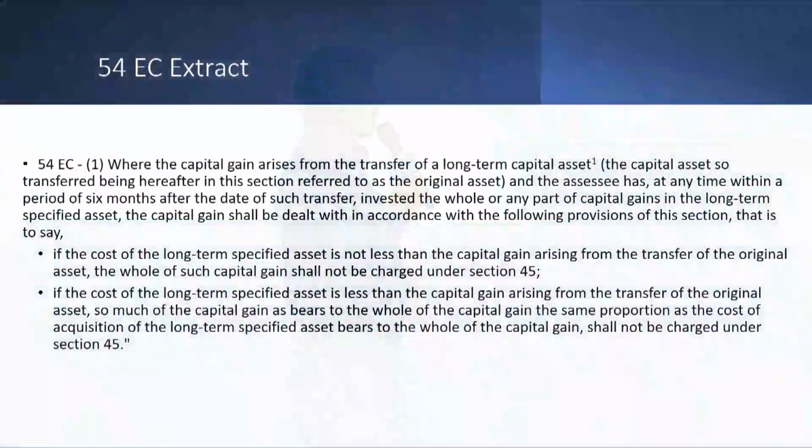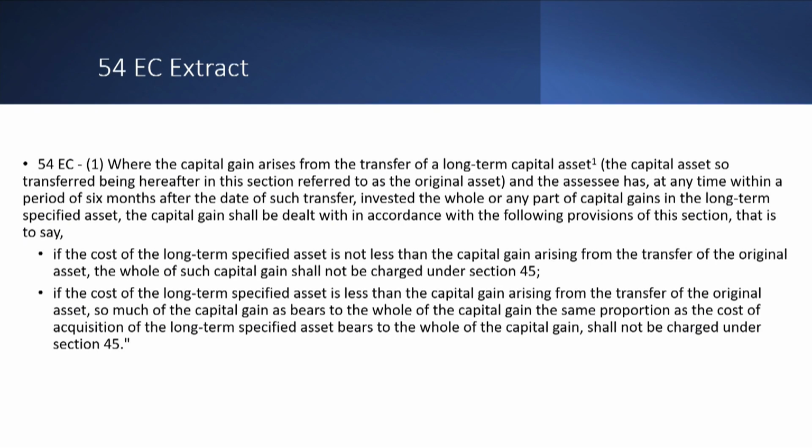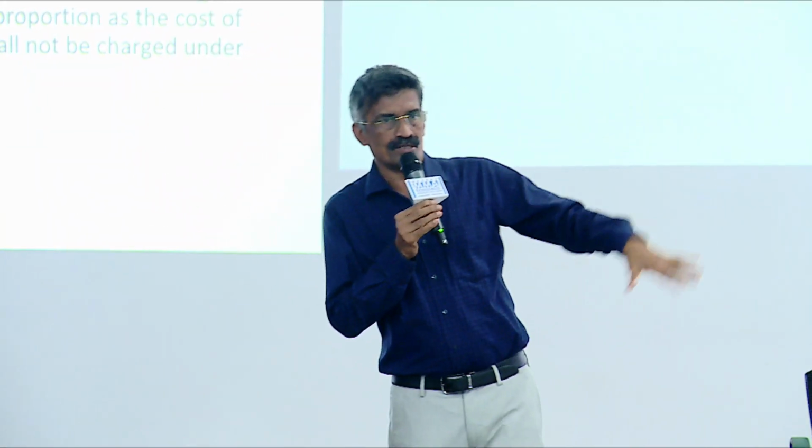Before we go to that, just for the benefit of refreshing ourselves, this is how 54EC appears in the law. Where capital gains arises from the transfer of a long-term capital asset, now of course it was land or building, earlier any capital asset, now from assessment year 2019-20 it has been changed to only land or building, if within a period of 6 months after the date of transfer the assessee invests the whole or any part of the capital gains in a long-term specified asset, and the cost of the long-term specified asset is not less than the capital gains, the whole of such capital gains shall not be charged.